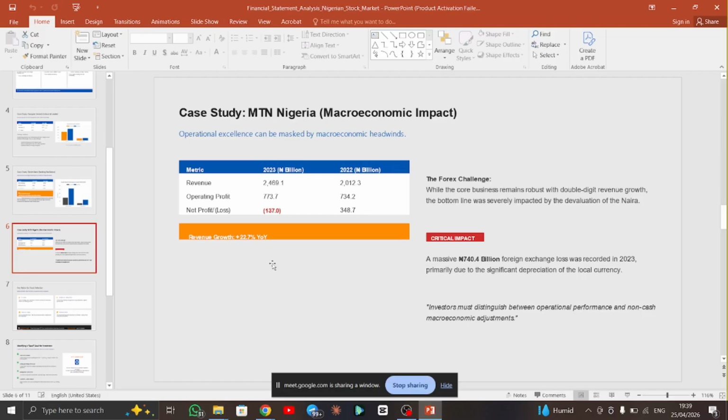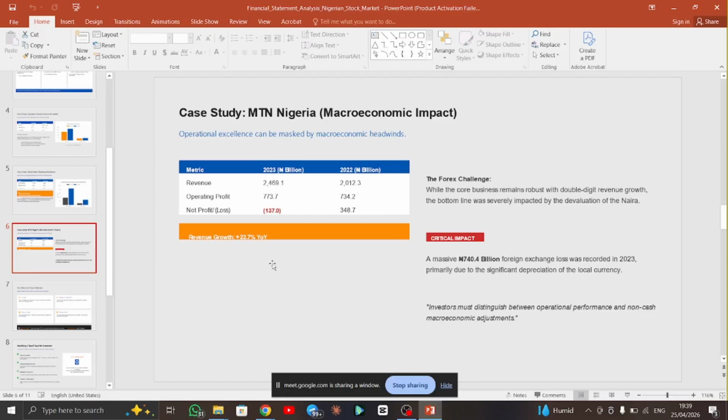It increased, right? Now, the operating profit also increased. But when it came to net profit, after tax has been deducted, you notice that it decreased, right?